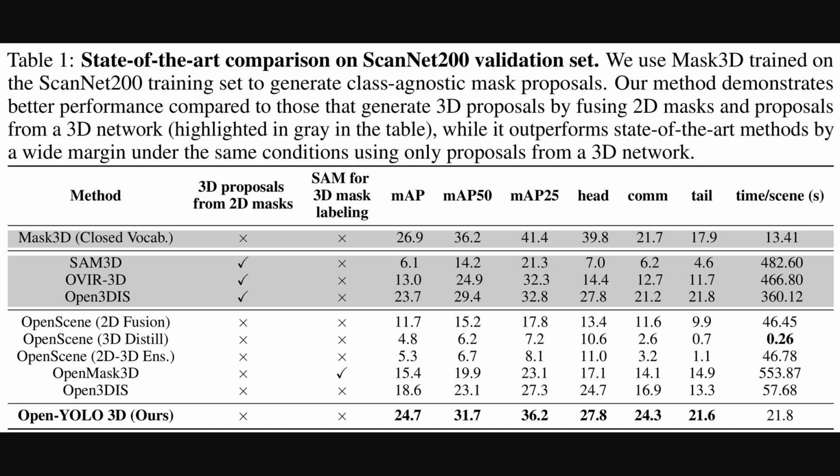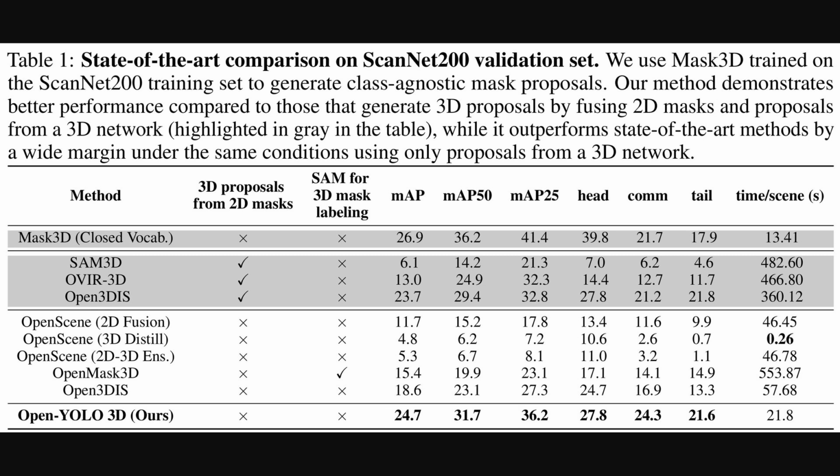Okay, so after seeing how multi-view prompt distribution works, this table, Table 1, really puts things into perspective. It's a state-of-the-art comparison on the ScanNet 200 validation set. We see Open-YOLO 3D listed as ours, achieving a mean average precision, or MAP, which is a key metric for detection accuracy, of 24.7, and it processes an entire scene in just 21.8 seconds.